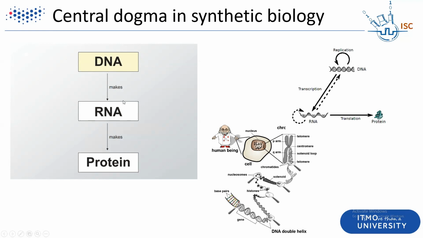Then you have the RNA, and then you have the translation mechanism, and then you will have a protein. Transcription will start also from the amplification, and then transcription comes along, and then finishes with the translation, and you will have the protein.